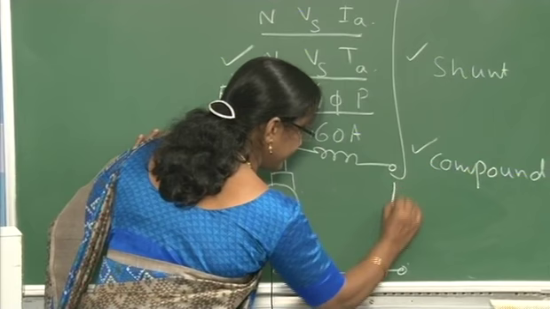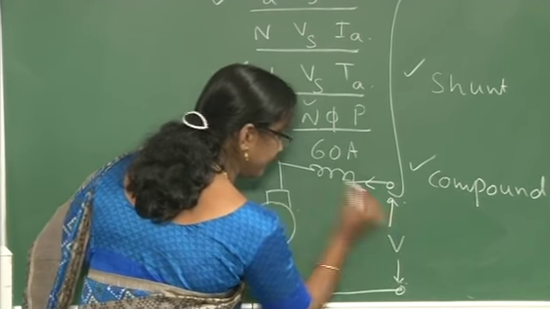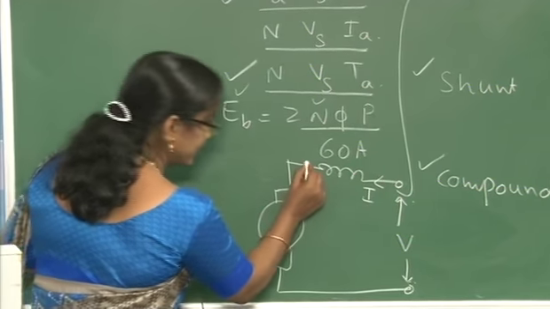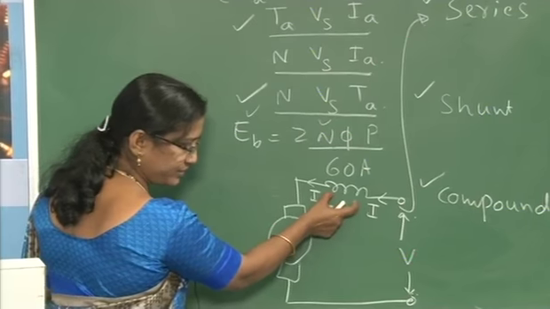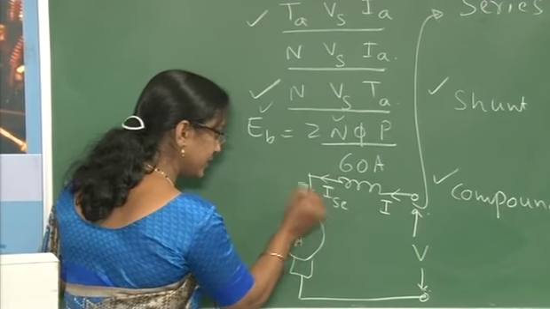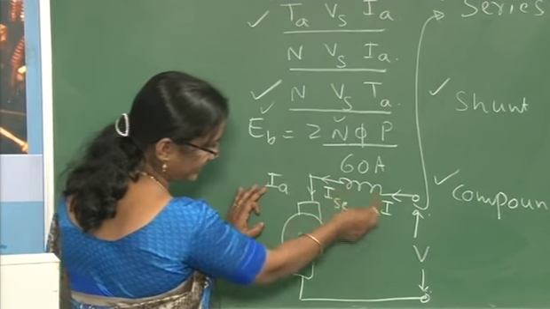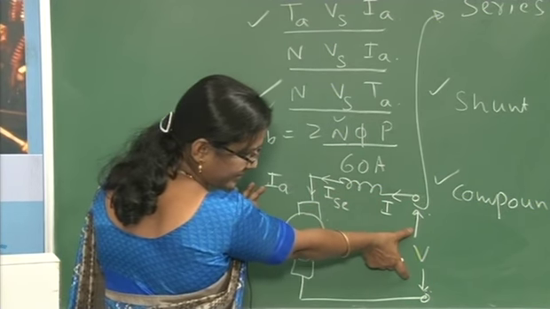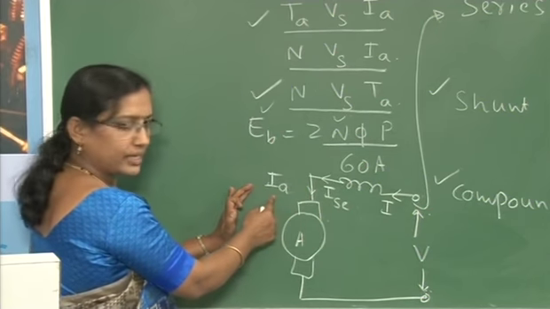Here we give the supply, so current I will flow in this way. This is the same as ISC, the current flowing through the series field winding, and also the current flowing through the armature, because the armature and series field winding are connected in series with the supply voltage. That is why I is equal to ISC is equal to IA.